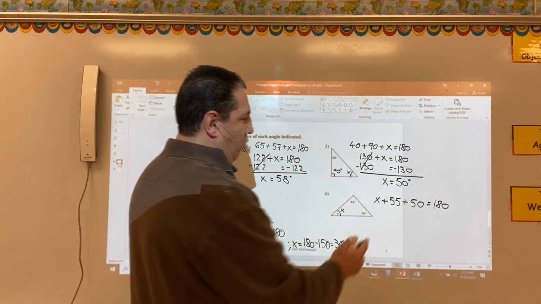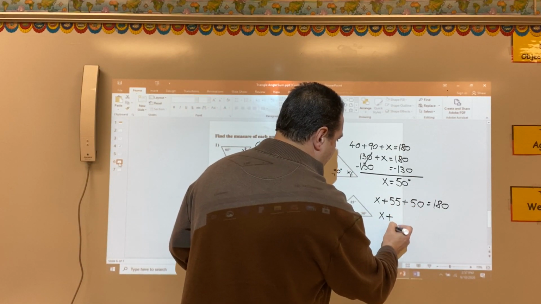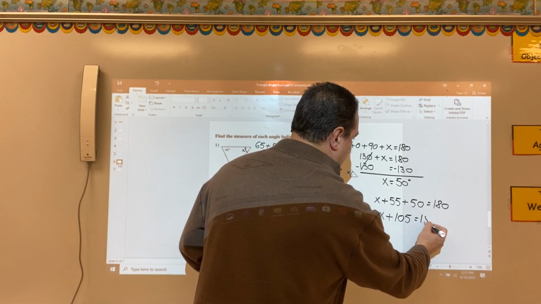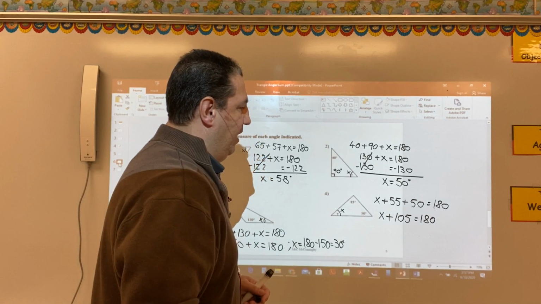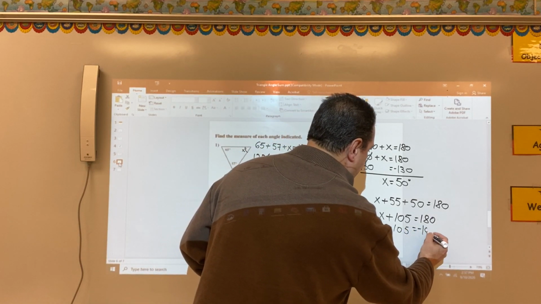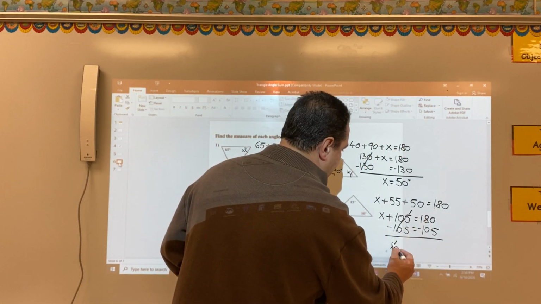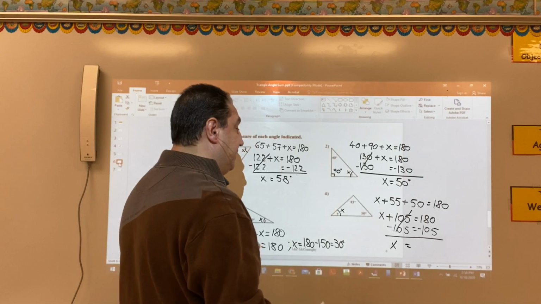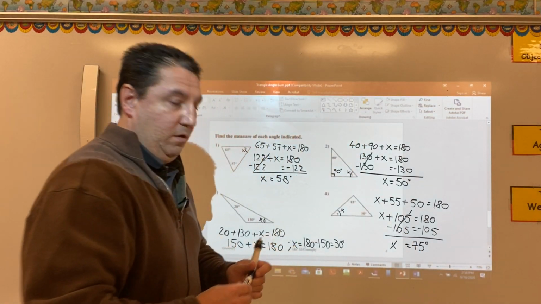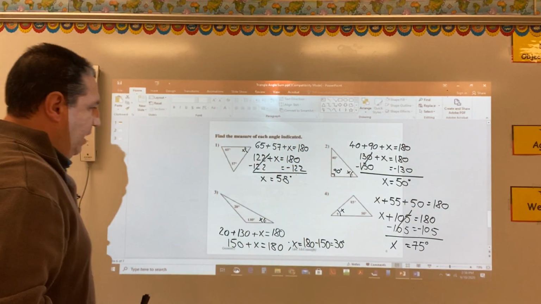We do the same, so we add the given numbers, but we bring down x, plus 105 equals 180. And then we subtract 105 on both sides, and we get x equals 75 degrees. Okay? And the last one.